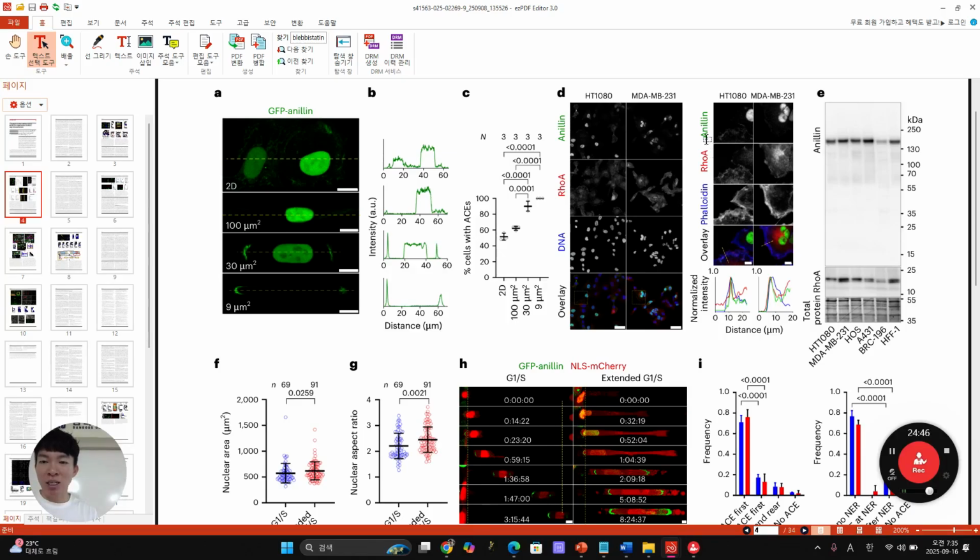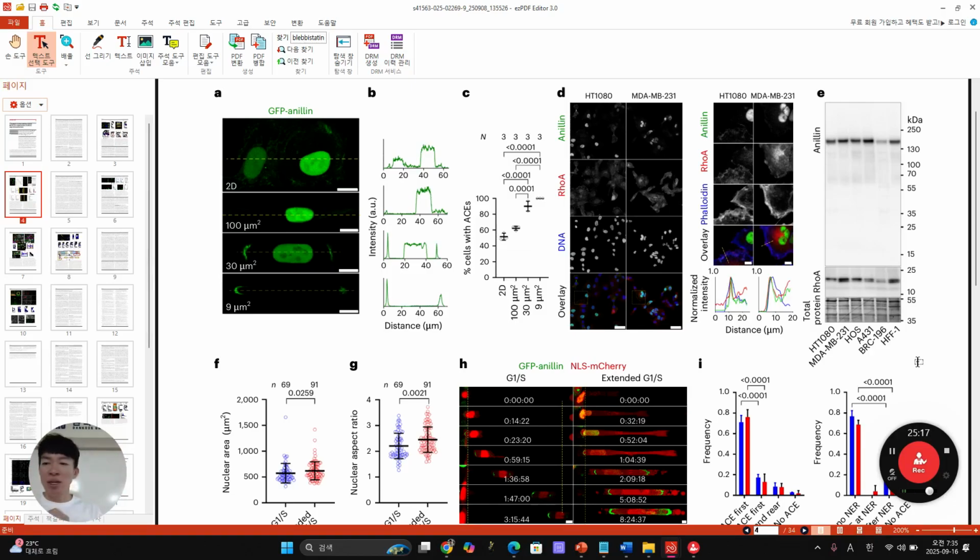They found out that anillin in red, RhoA in green, and actin in blue are well localized at the edge when they're on a 2D structure. Edges like here, here, and here. So they can say that from a localization point of view, anillin, RhoA, and actin are co-localized together.